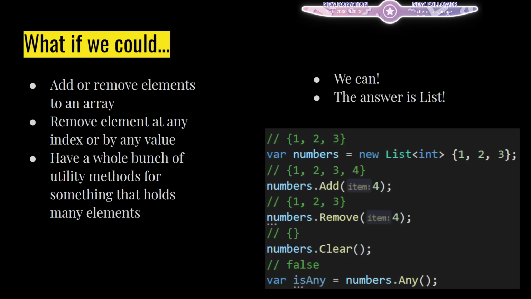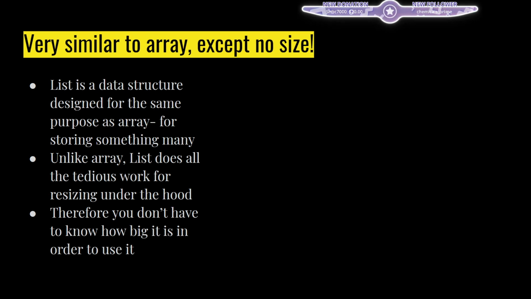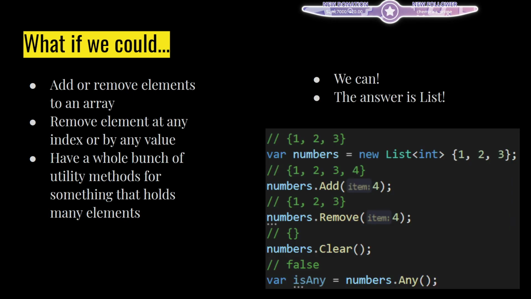So for example, if I create a list of int, that means all elements in that list and all the things that I add or remove or check for existence, they will all be integers. That's the generic type. So list is a class of generic type T, and when we create a list, we specify that generic type.